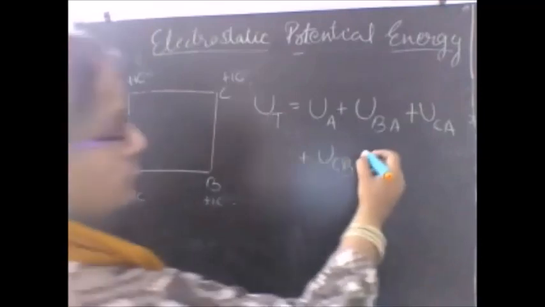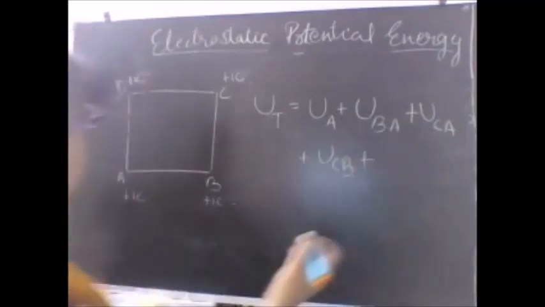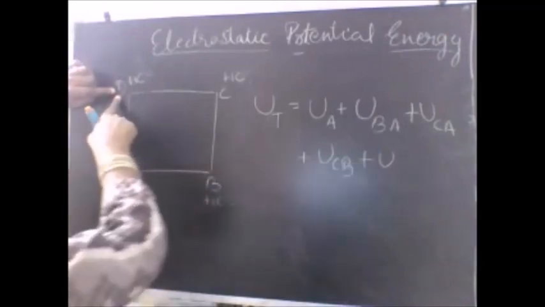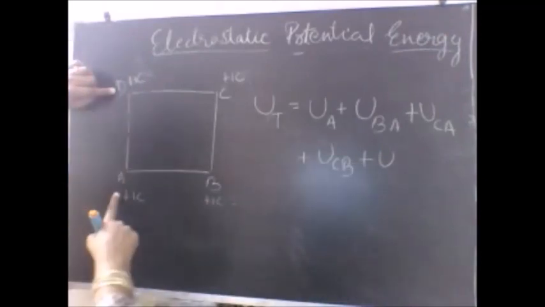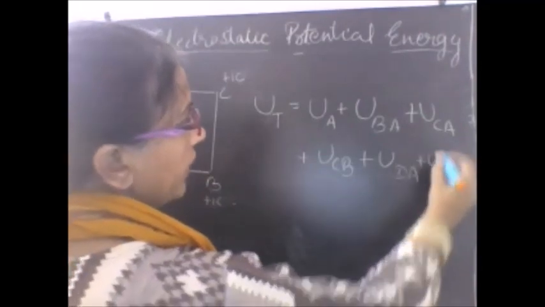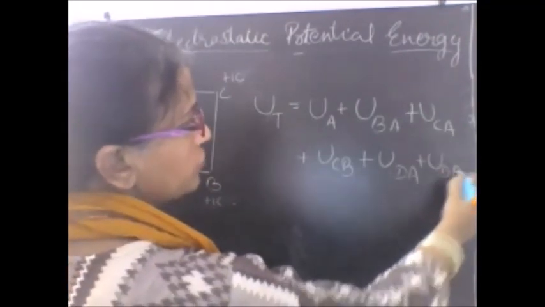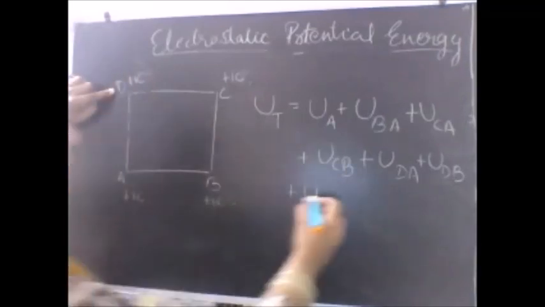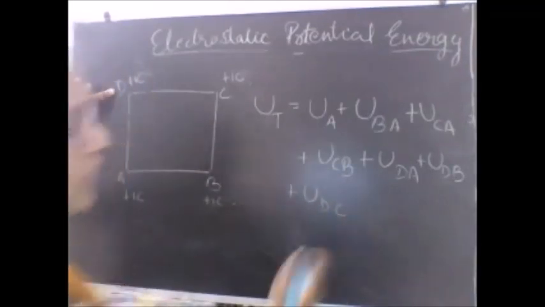So let us write the terms for the charge at D. That means the energy stored at this point D due to the presence of A. Energy stored at the point D due to the presence of B. And the last term is energy stored at the point D due to the presence of C as well.